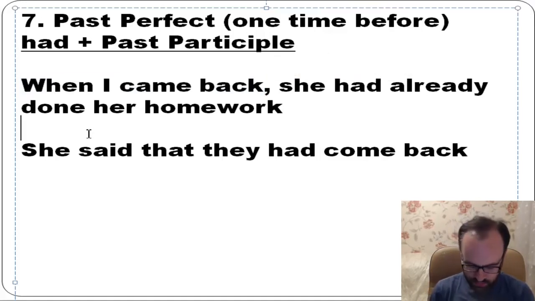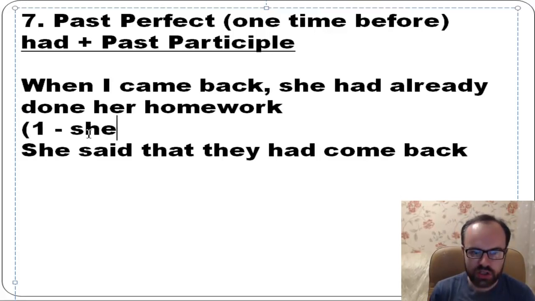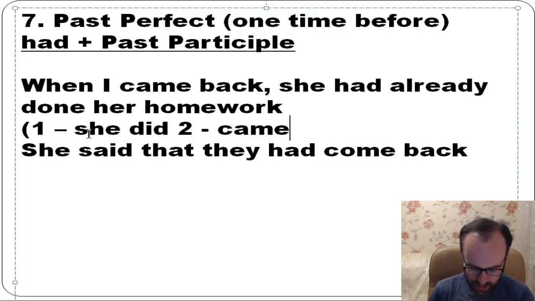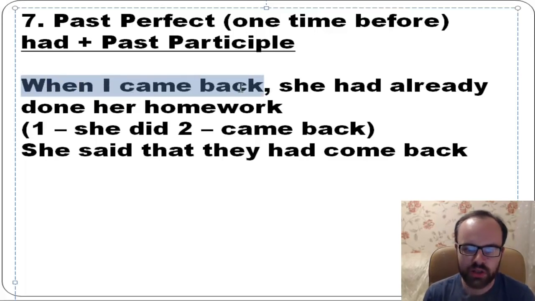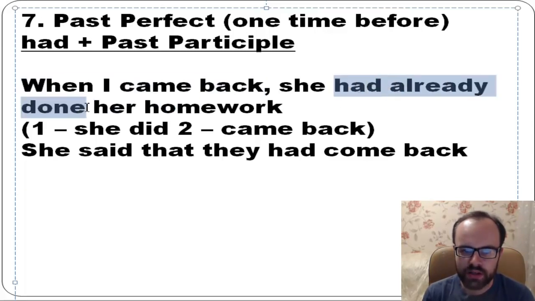So first she did, and then I came back. But you have this action in the beginning, so you need past perfect, had already done her homework, because it happened earlier.